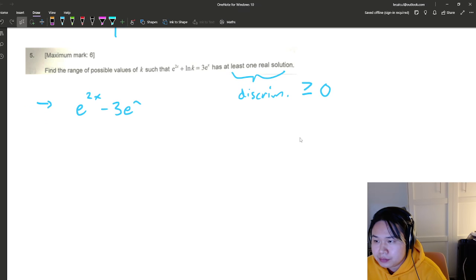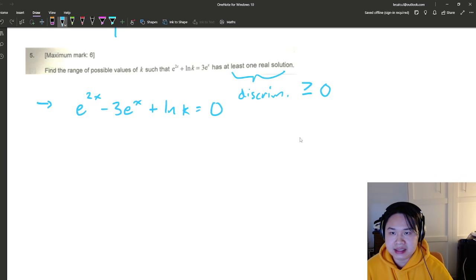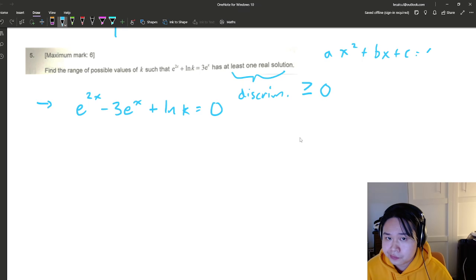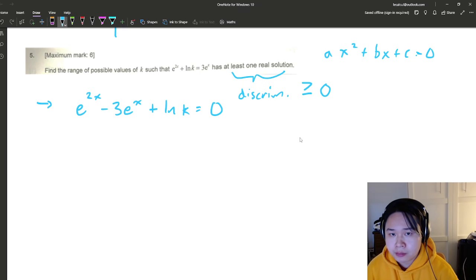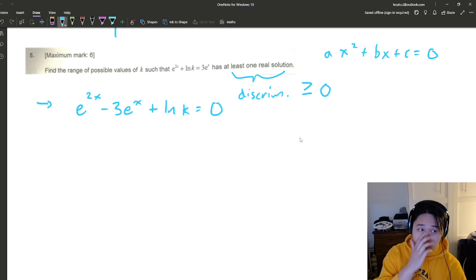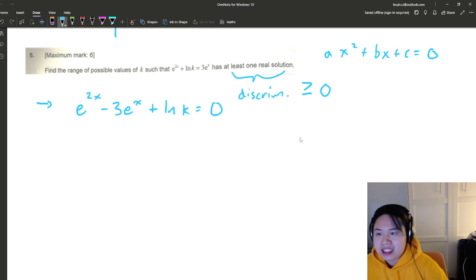But first we're going to move the left side over, because again the discriminant is for ax squared plus bx plus c equals 0. And yeah, this is a quadratic.